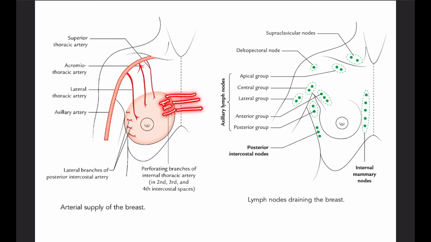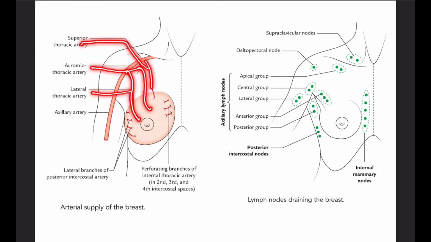Next, the axillary artery, through its lateral thoracic, superior thoracic and acromiothoracic branches, supplies the breast. Next are the posterior intercostal arteries, through their lateral branches.